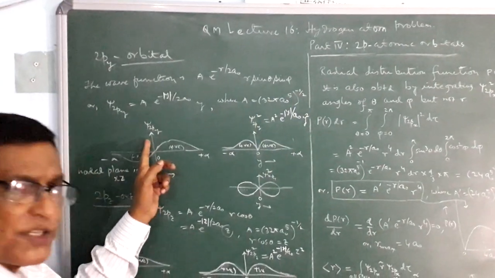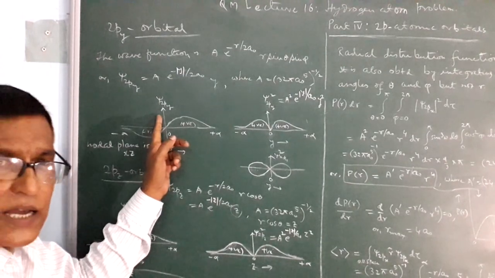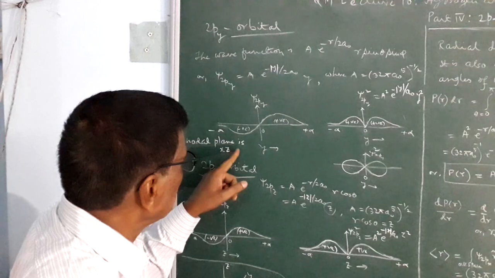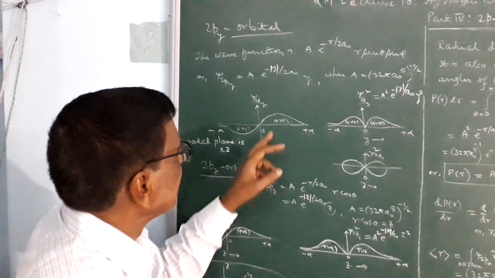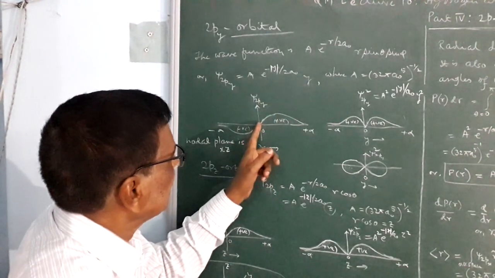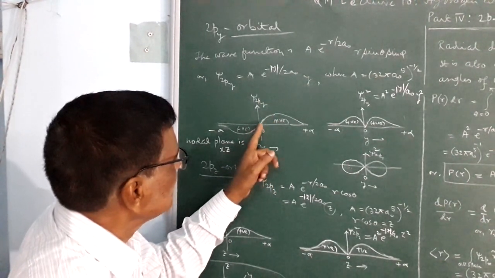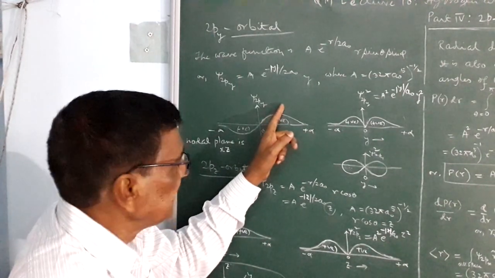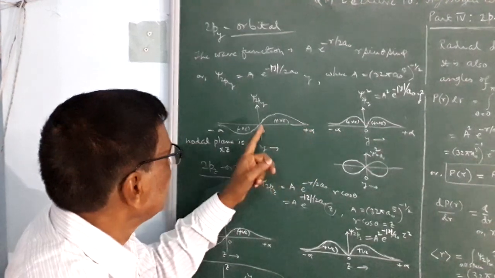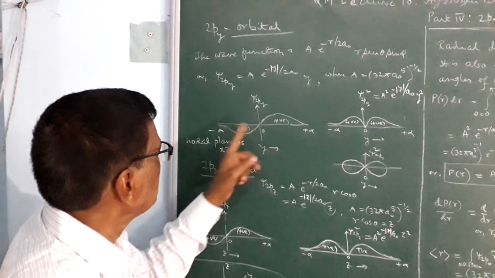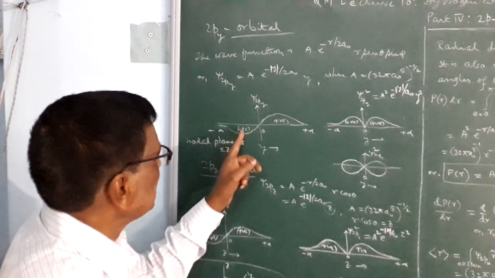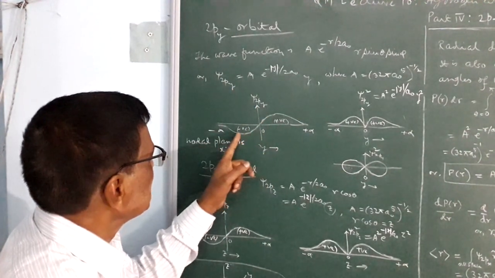Whenever I plot this psi 2py against the y-axis, it again becomes a Gaussian-type distribution. Starting from 0, it increases and then decreases to 0 when y equals plus infinity. And from 0 to minus infinity, y is negative, so psi 2py is also negative, and again the distribution goes like a Gaussian.